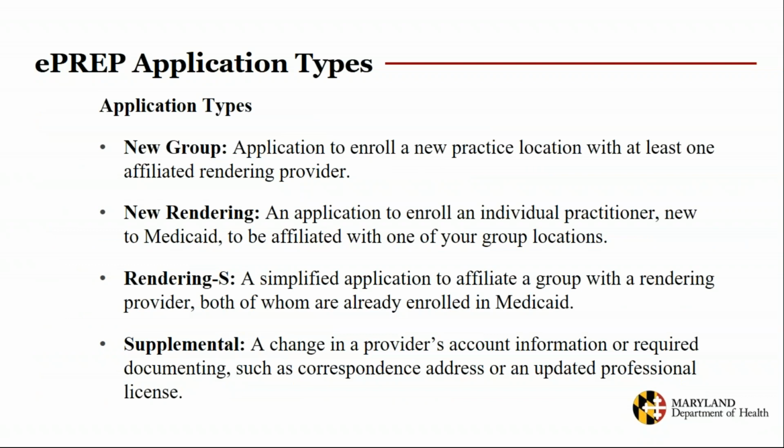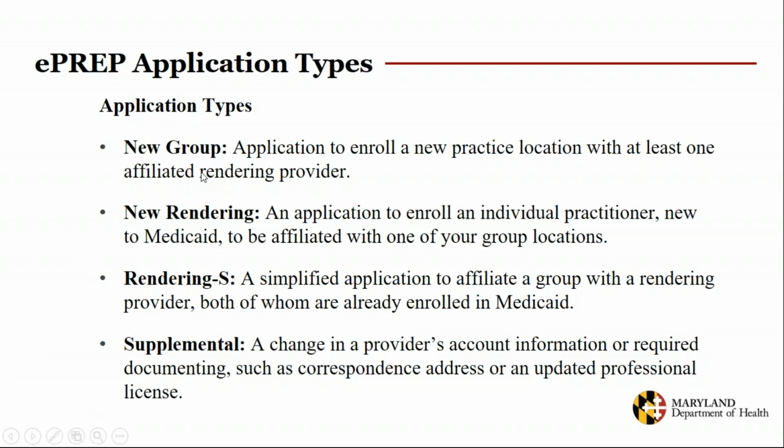The first one we have here is a new group application. This application is usually to enroll a new practice location with at least one affiliated rendering provider. So you cannot actually create a new group if you do not have a rendering provider for that group. Another kind of application we can create is the new rendering application. And this is an application to enroll an individual practitioner new to Medicaid to be affiliated with one of your group locations.